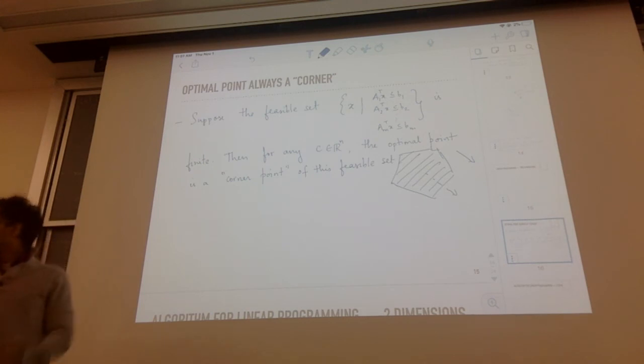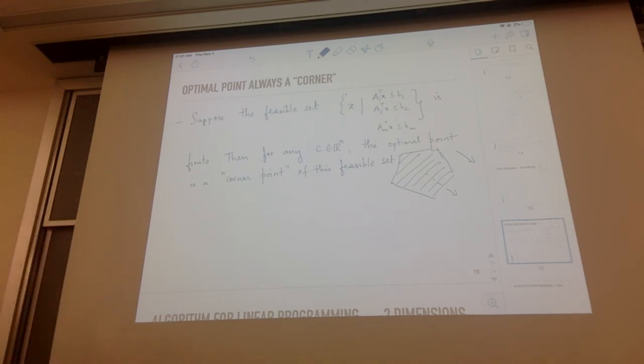So in this case, what happens? Yeah, in this case, this entire segment is a solution, and this is a degenerate case, in which case you can also say that this point is a corner point, and it's also optimal. So I thought I could sweep this under the rug, but it's a good point.